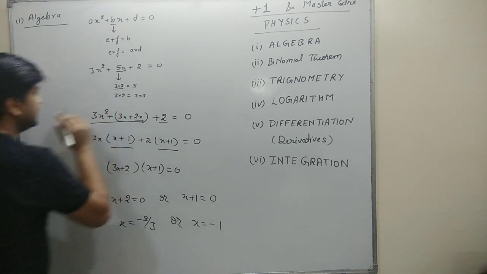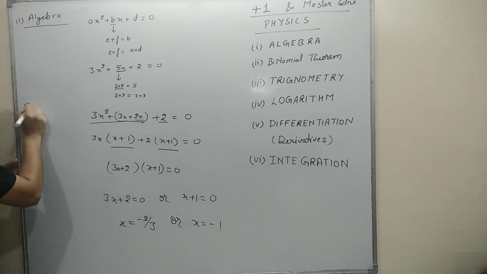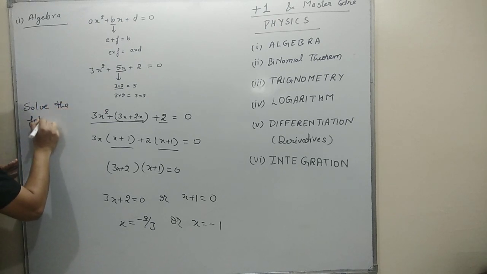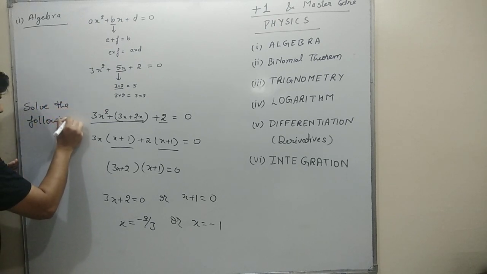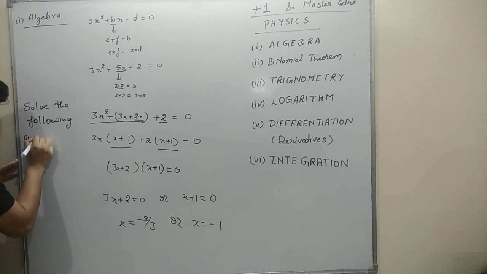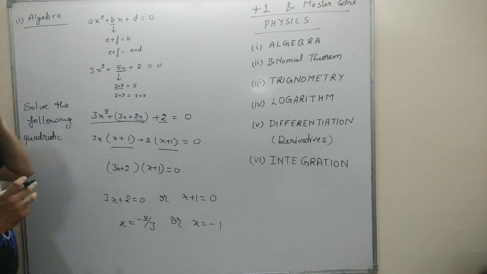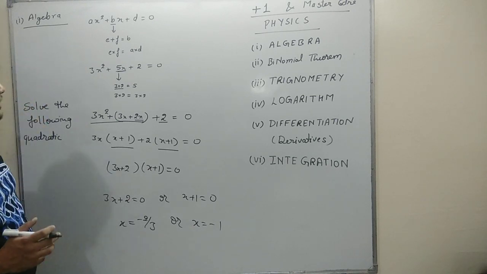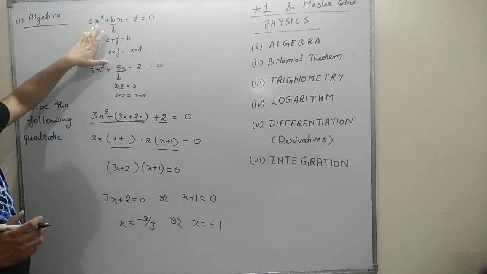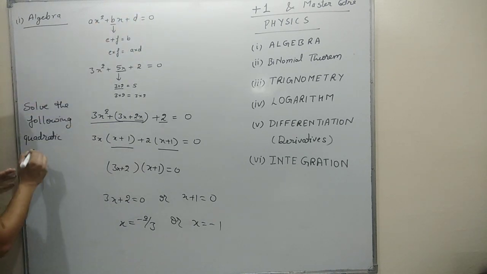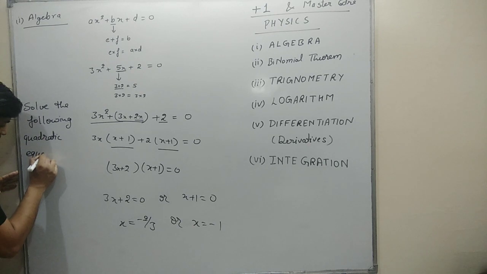So your homework in this section is: solve the following quadratic equations. Quadratic equations are those in which all terms are in integers and powers are 2, 1 and 0.